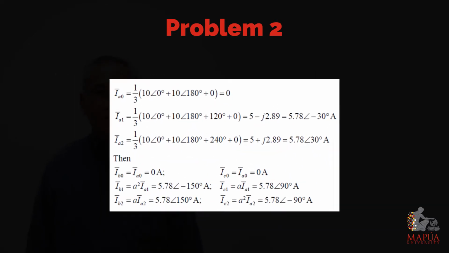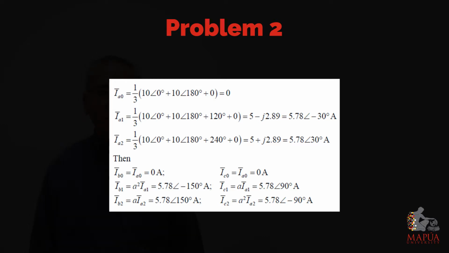So solving for the sequence currents IA0, IA1, IA2: IA0 is equal to 1/3 multiplied by the quantity 10 angle 0 degrees plus 10 angle 180 degrees plus 0, and that gives us a zero sequence current of zero.